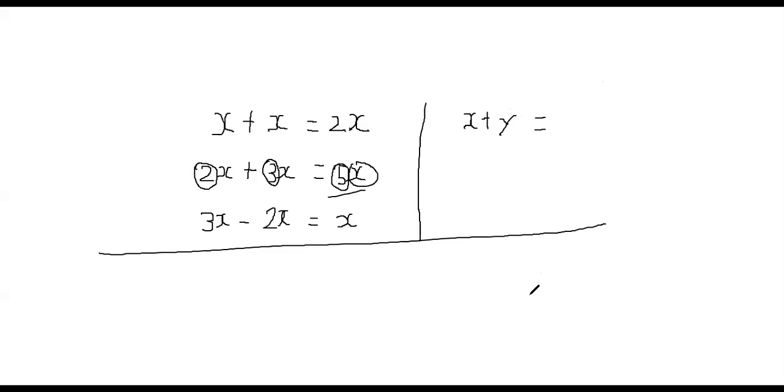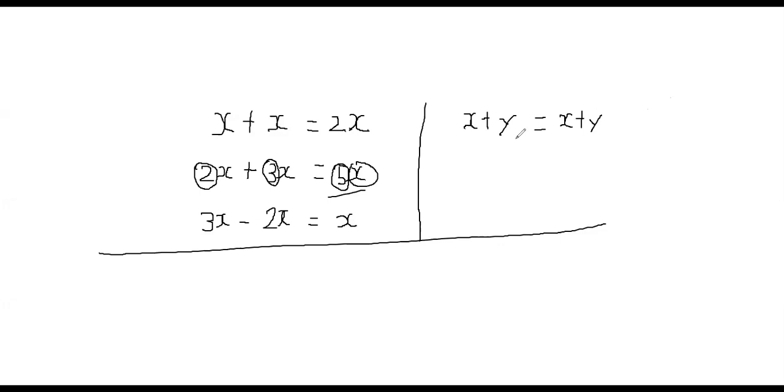We're only allowed to add and subtract like terms. If the variables are not the same, it will remain the same. You can't evaluate. So this will remain as x plus y, right?